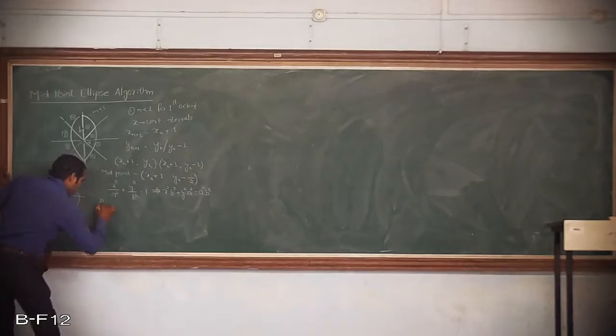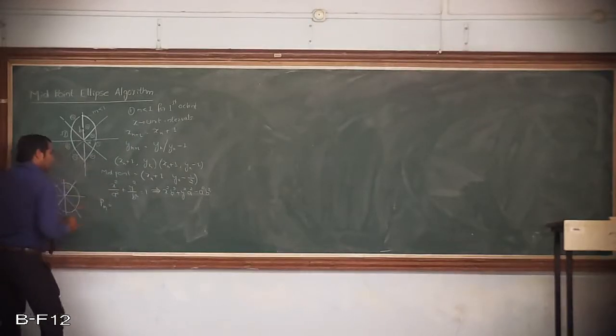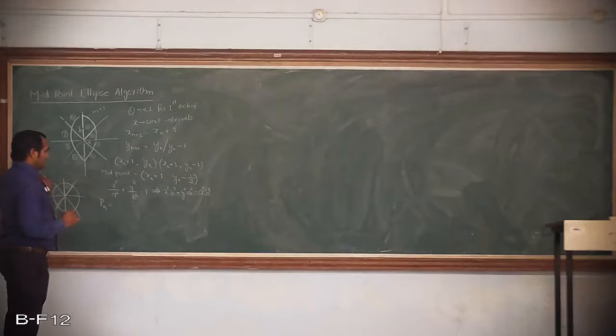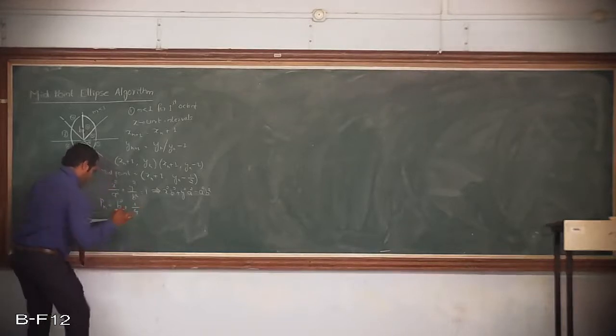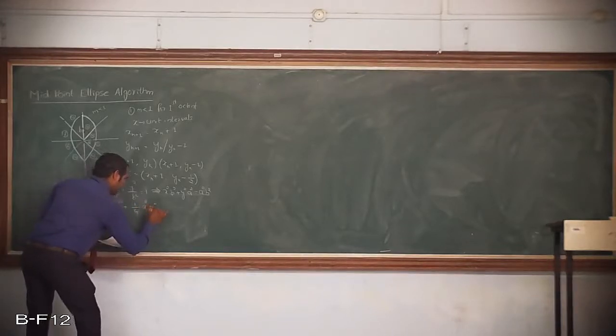The value of pk was b square plus 1 by 4 a square minus b a square.